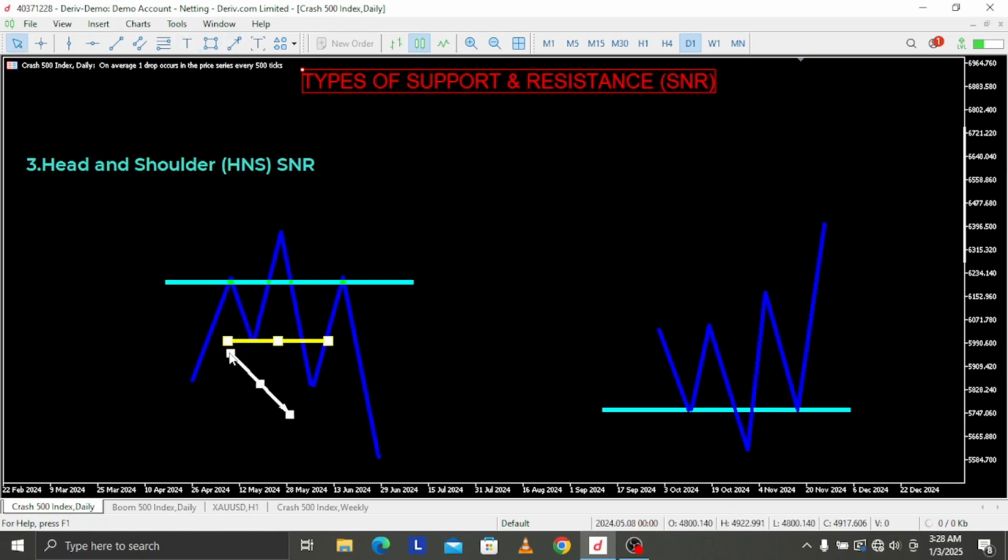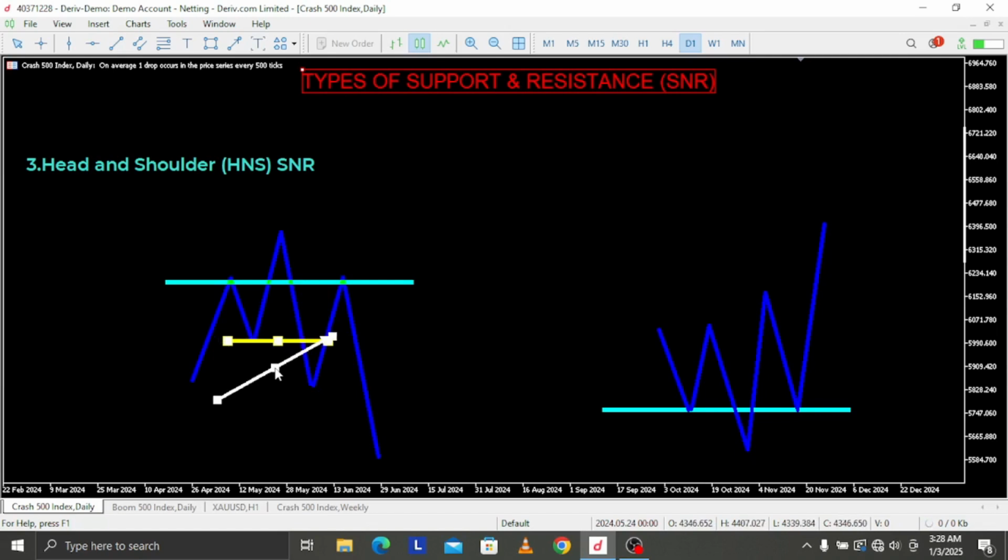This is what makes the head and shoulder very unique. Why? Because not only does it break a very important level in the market, it also breaks the structure point, meaning it is now showing signs of selling opportunities in the market.